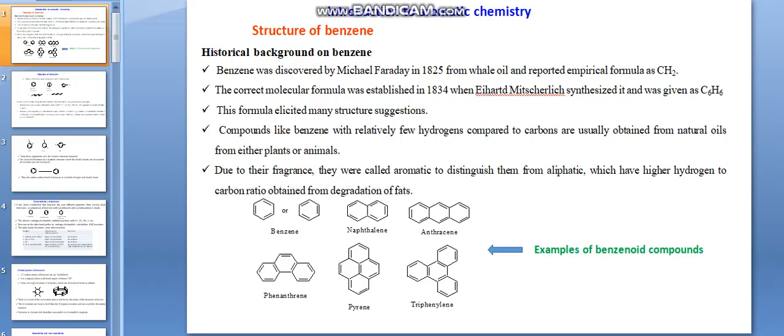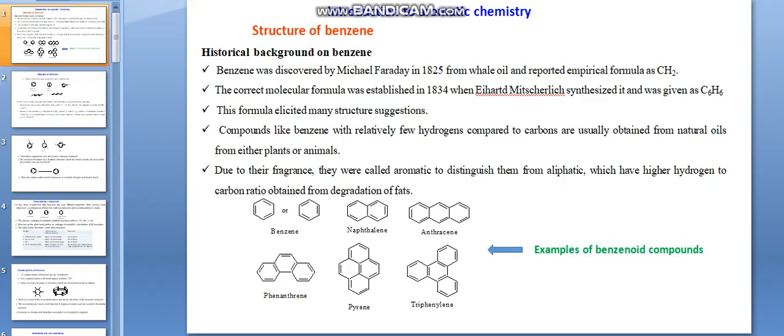So let us learn about benzene from the history background, how this benzene emerged. As we can see, benzene was first discovered by somebody called Michael Faraday in 1825. He discovered this compound from whale oil, from the whale itself.